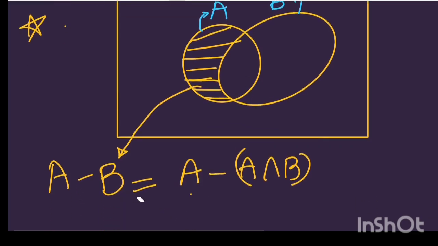One more way to define A minus B is what, guys? Any idea? So A minus B is also defined as A intersection B dash.